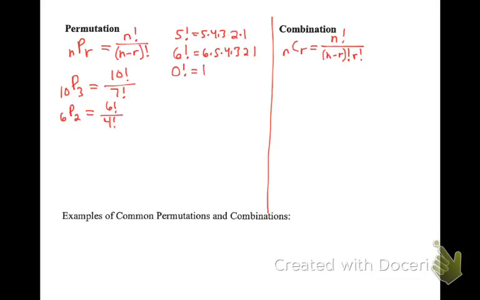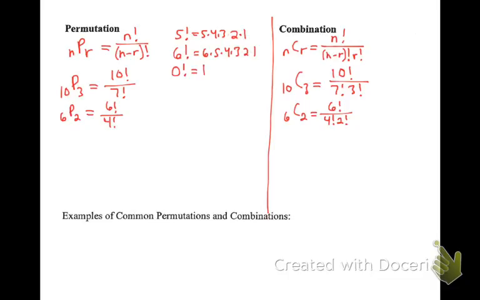So, for instance, if I have 10C3, that's going to be 10 factorial over 7 factorial times 3 factorial. If I have 6C2, that's going to be 6 factorial over 4 factorial times 2 factorial. Okay, so those are the formulas for both of them.